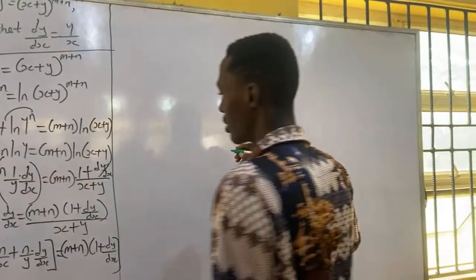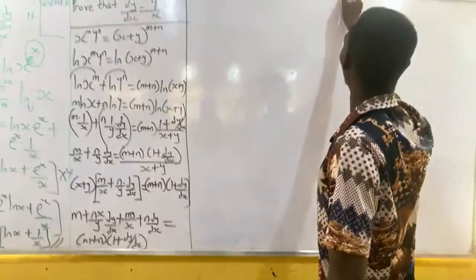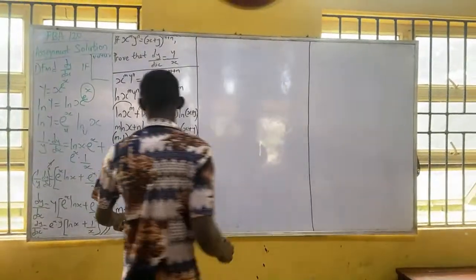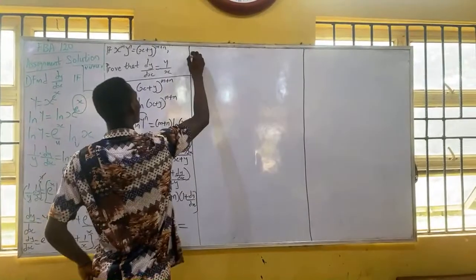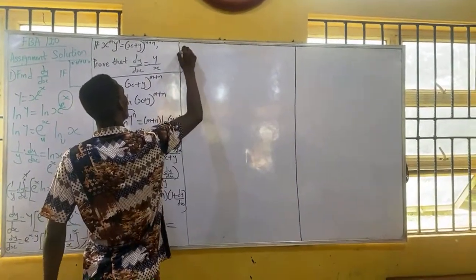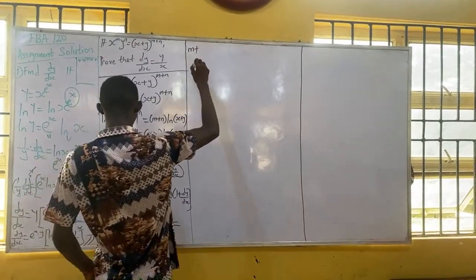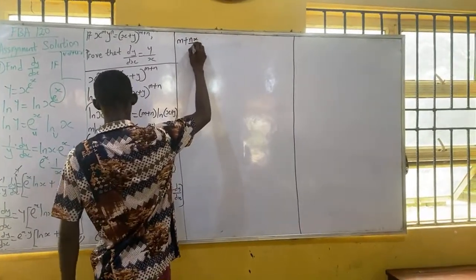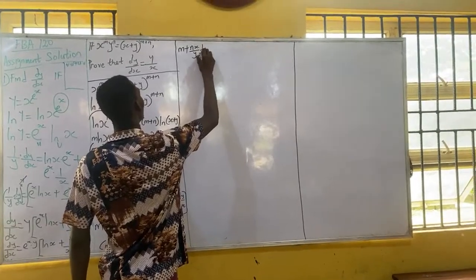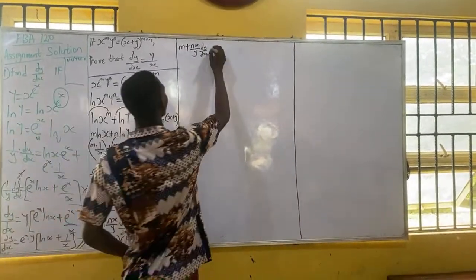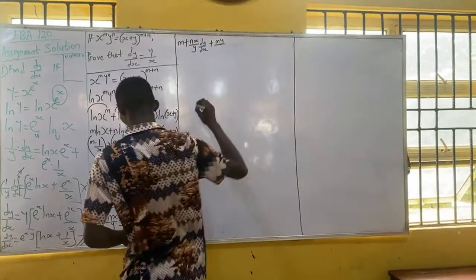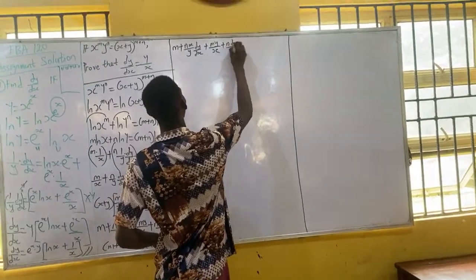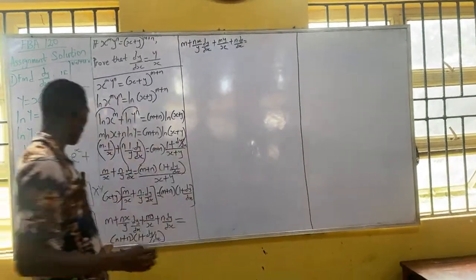So now let's take this up here. This time around, I'll be slashing it into 2 because of the length. All right. So let's write m plus nx over y dy over dx plus my over x plus n dot dy over dx is equal to, now let's expand this.